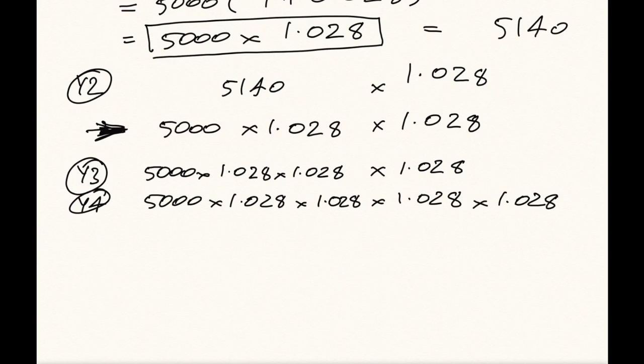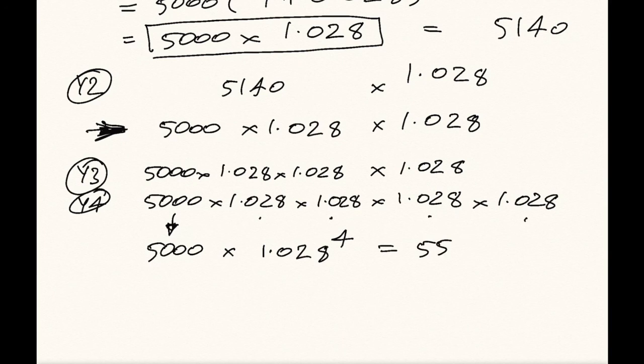And then you can see this final calculation that we came up with was we start off with the 5,000, that's come down from here, multiplied by 1.028, and we do this 4 times. 1, 2, 3, 4, to the power 4. And that was our original calculation.